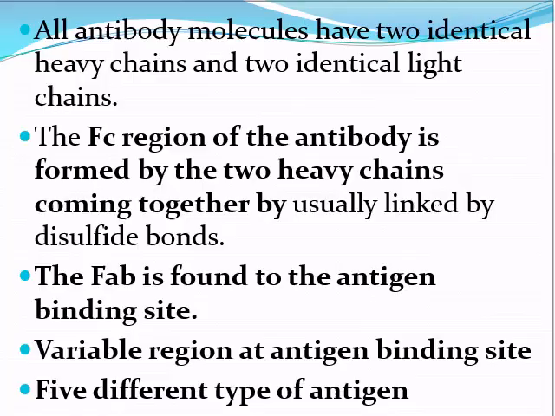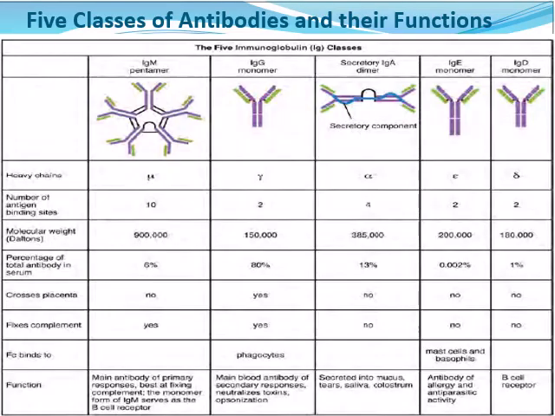Okay, there are five different types of antibody. You just look at these. This is IgM, then IgG. IgM is the first one, this is IgM, this is IgG. Then you look at this, this is IgA, IgE and IgD. These are the different antibodies found in our body.